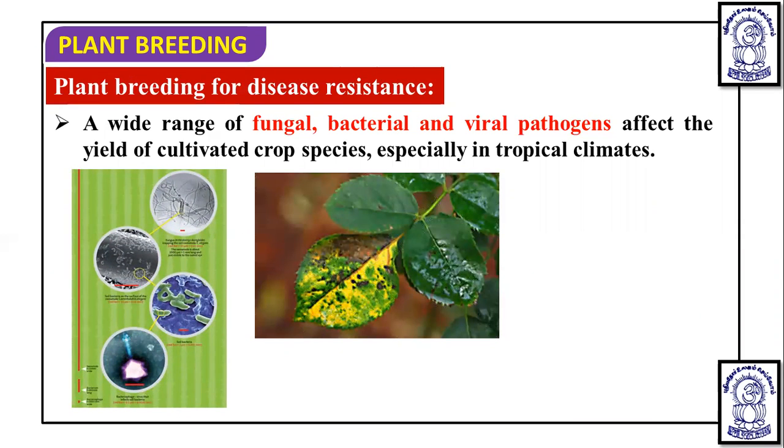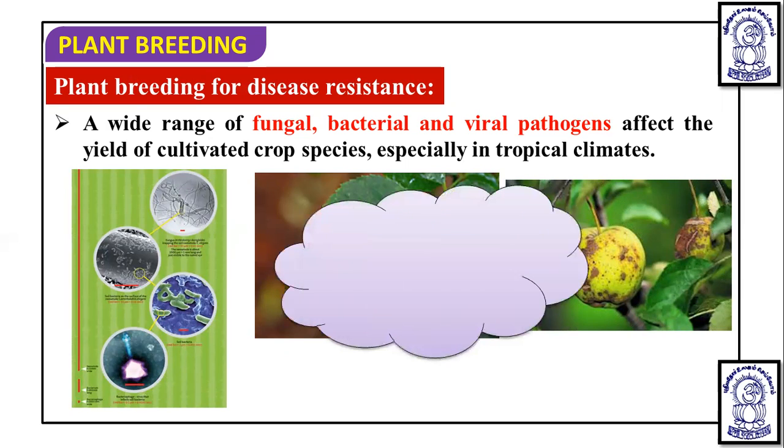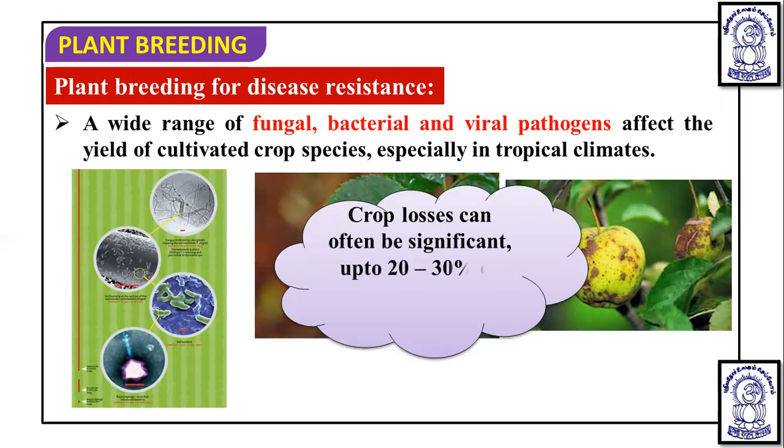So, such symptoms on the plant are due to these infections, that is bacterial, fungal, or viral diseases. Due to this infection, crop losses of 20 to 30%, or sometimes even total loss, can occur.